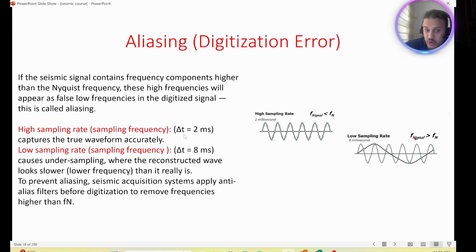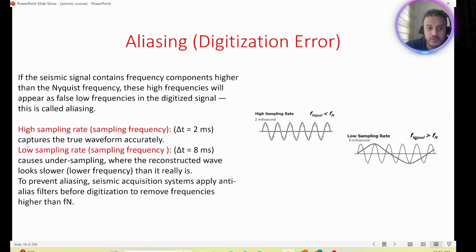As we said before, when delta T is low, we have high sampling frequency. We take one sample here, two samples here, three, 4, 5. It's like we are covering the whole wave.